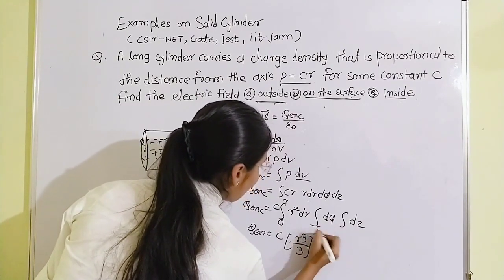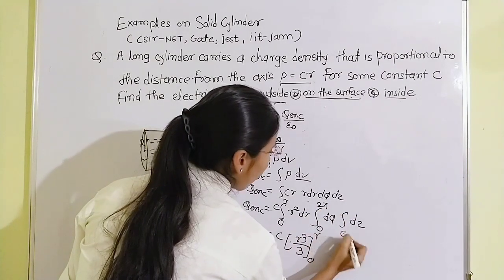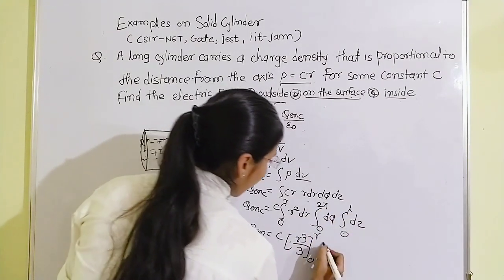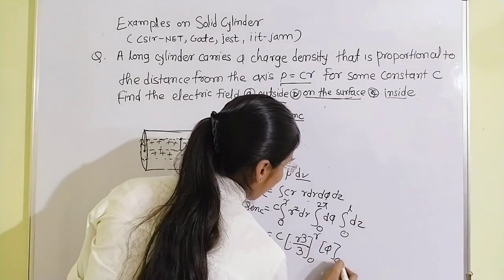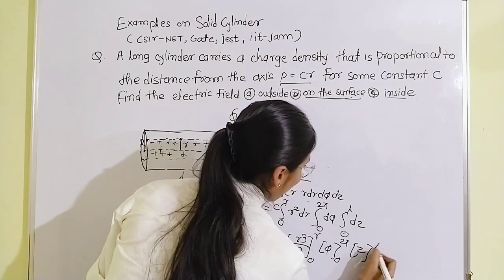The limit for phi is 0 to 2 pi and the limit for z is 0 to L.